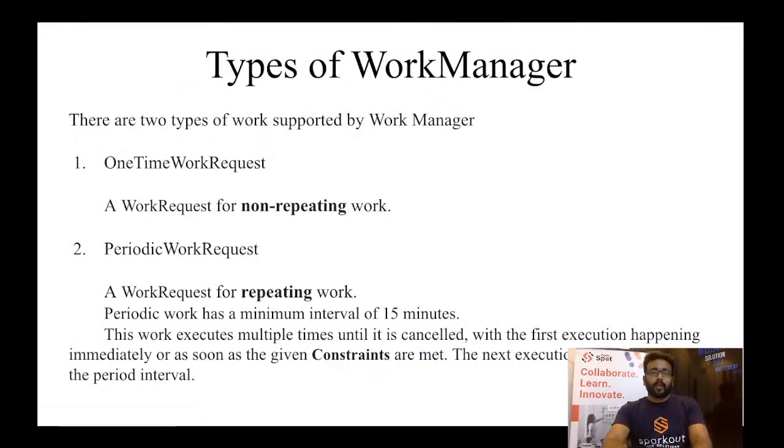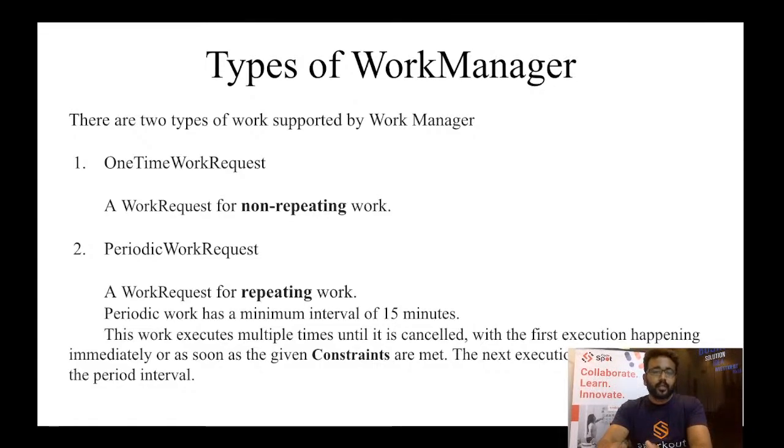Types of Work Manager. There are two types of Work Manager. One is the one-time work request, which is non-repeating work where we can run the work one by one in a sequential manner. The second one is the periodic work request, which is for executing repeating work.